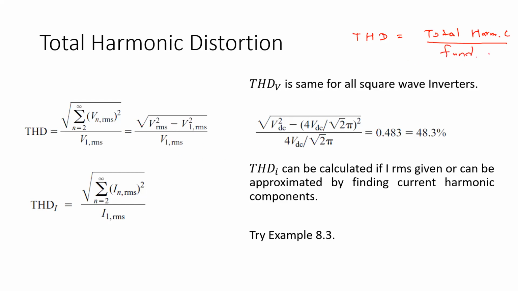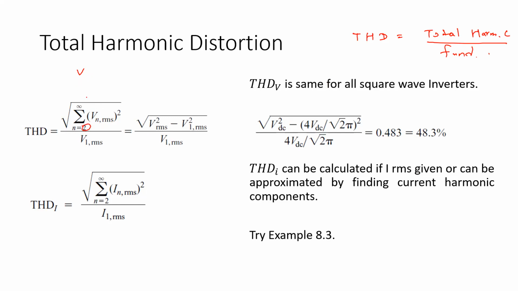So total harmonic content for voltage, we can find it like this. This is Vn RMS squared, and that's how you add them. In here it starts from 2, so that means the fundamental is not there.